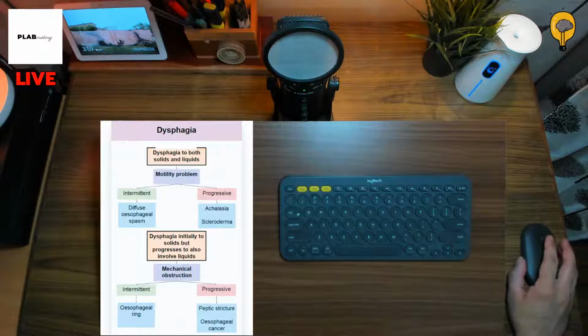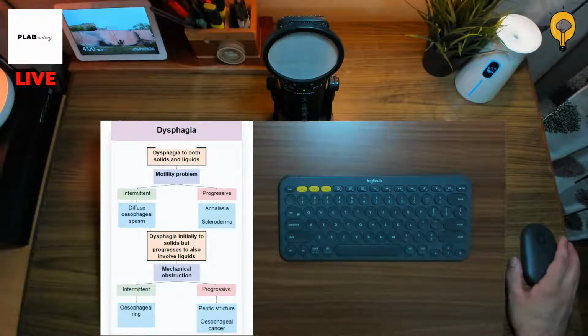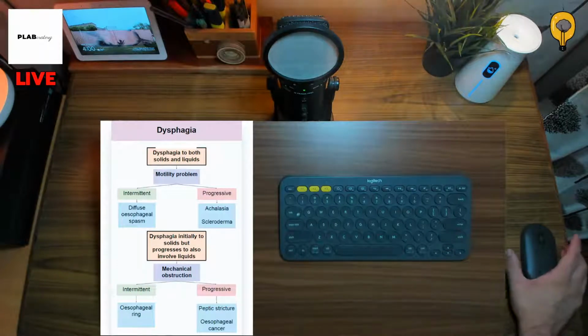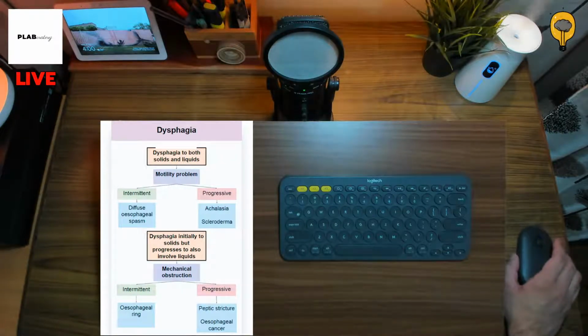Now, dysphagia can be to both solids and liquids simultaneously, or dysphagia can be to solids initially but progressing to also involve liquids later. So it can be due to motility problem or it can be due to mechanical obstruction.